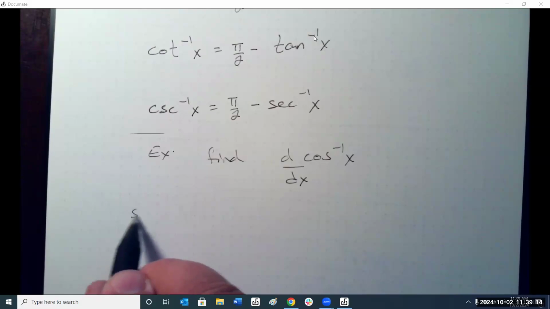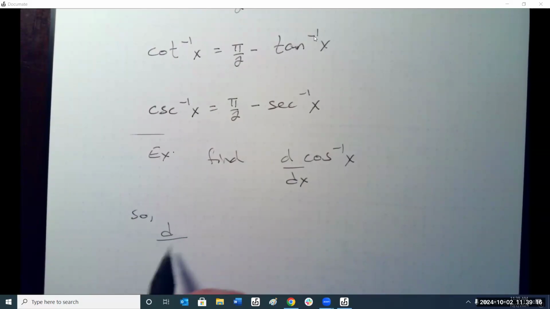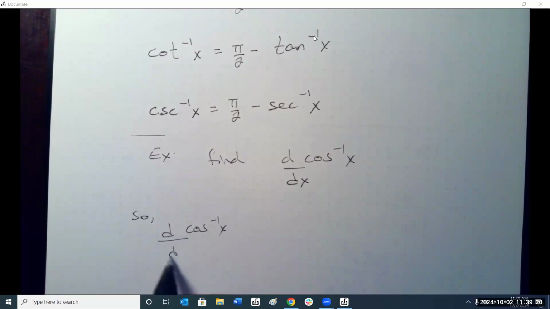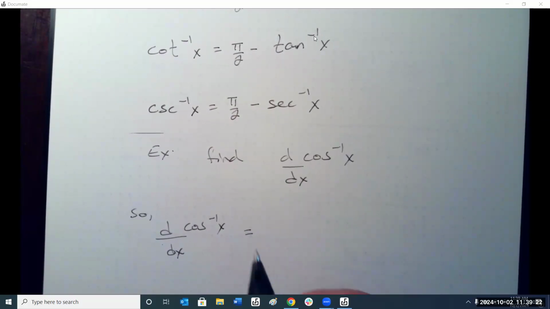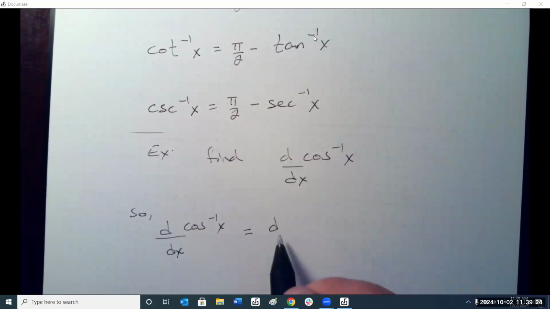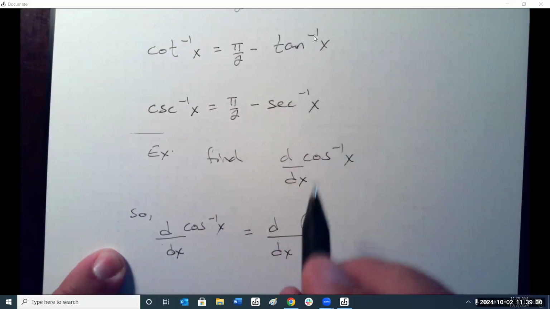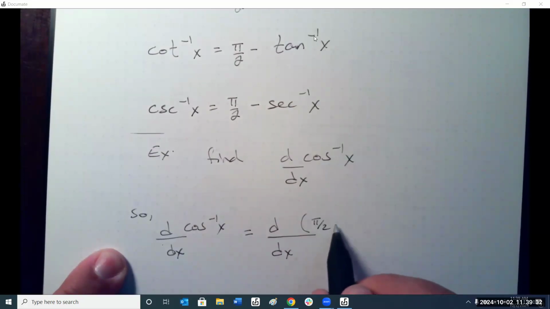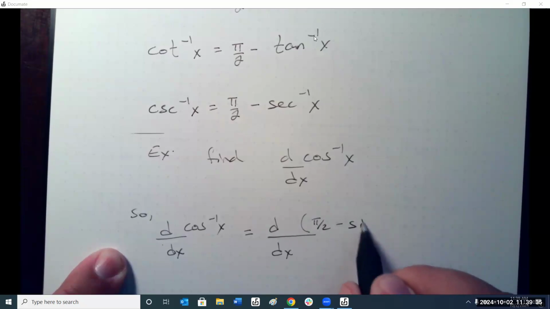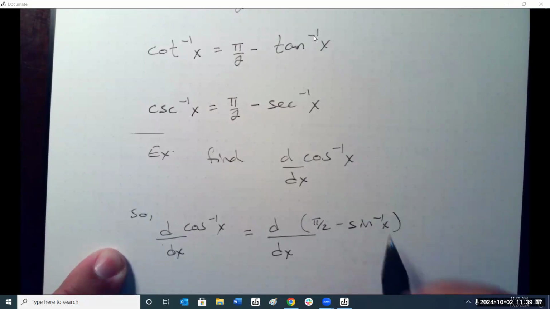So we have the derivative of the inverse cosine of x, dx, is equal to the derivative of pi over 2 minus sine inverse of x.